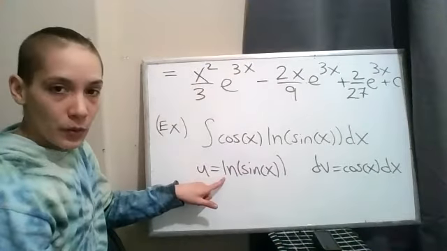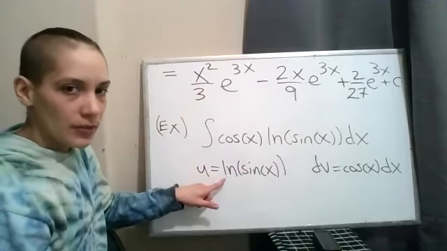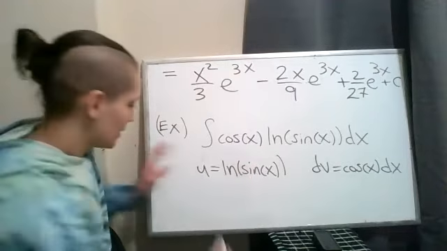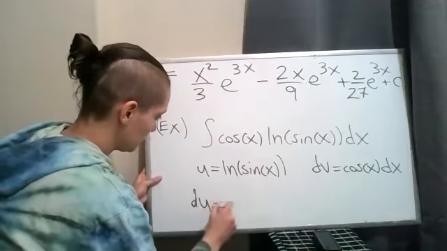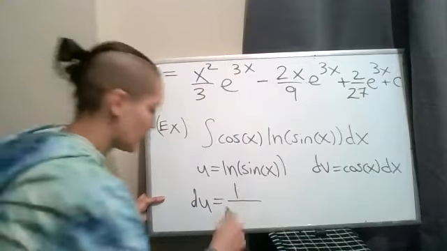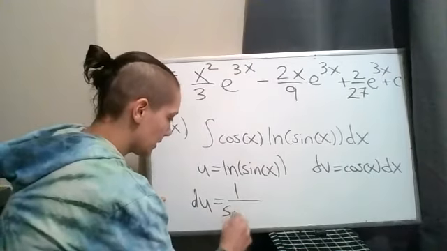This derivative will use a chain rule. So it's 1 over sine x times the derivative of the inside, which is cosine. So du equals 1 over sine x times cosine of x dx.